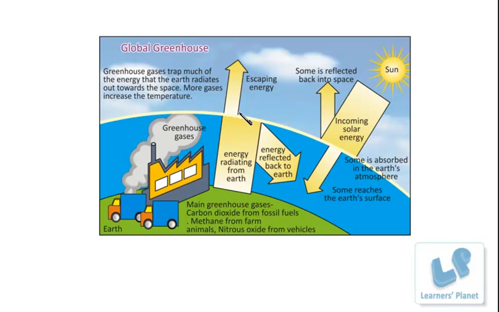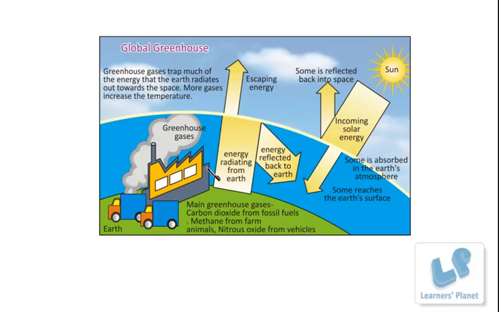A very small amount of energy escapes the atmosphere, which increases the temperature. Now, as the temperature is increasing, what will happen? The polar ice caps will melt and thus increase the water level in the oceans, and they can cause flooding. They can cause the submerging of the coastal areas.